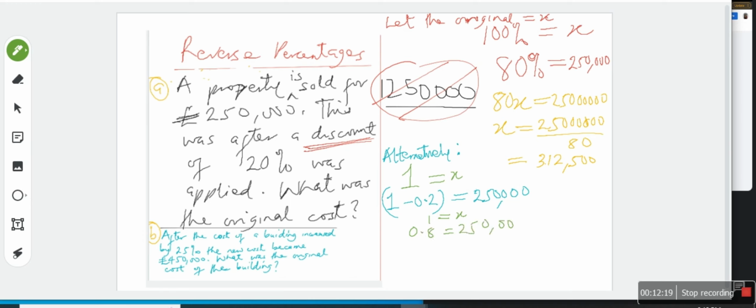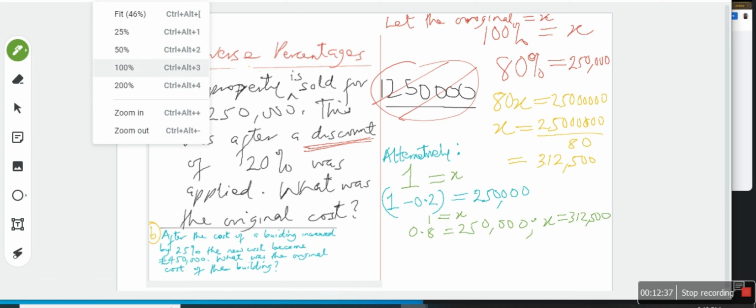You can still solve and get the same answer, because 1 minus 0.2 will give you 0.8. Do you understand? So you cross multiply, you will get the same answer. X will still be equal to 312,500. All right, so let's do this second one.